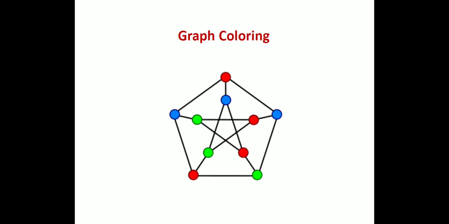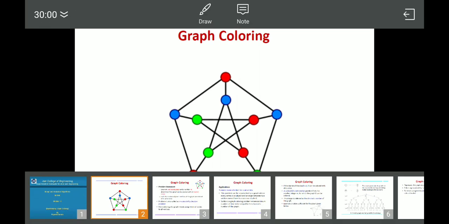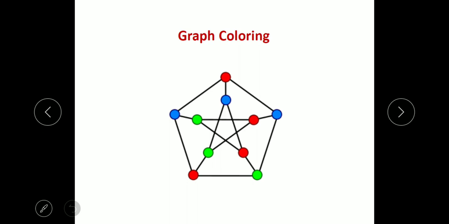So for example, look into this graph. There is an edge between the red vertex and the blue vertex. Let me number the vertices 1, 2, 3, 4, 5, 6, 7, 8, 9, 10.